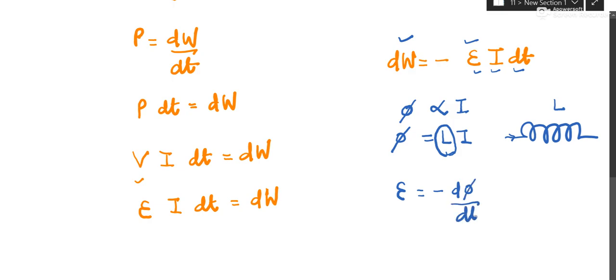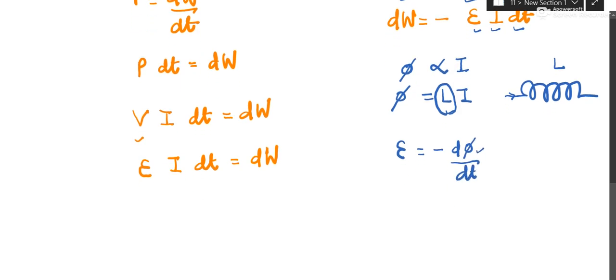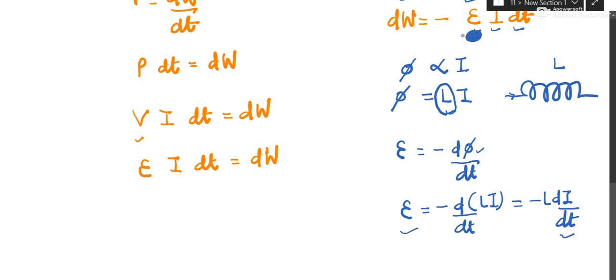Let us substitute the value of phi here. So EMF will be equal to minus d by dt of L i. L is constant, that is self-inductance, so this can be written as L di by dt. So I am ready with the expression of E to be substituted in the formula of dW.